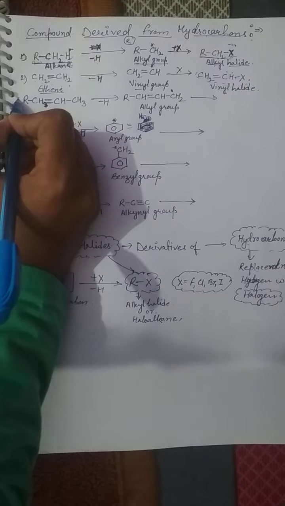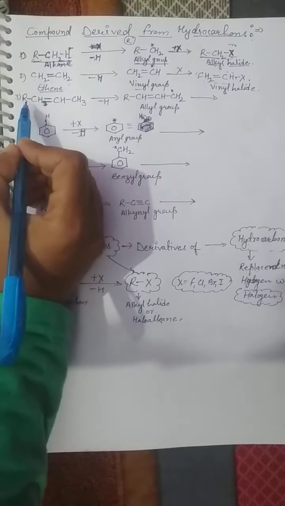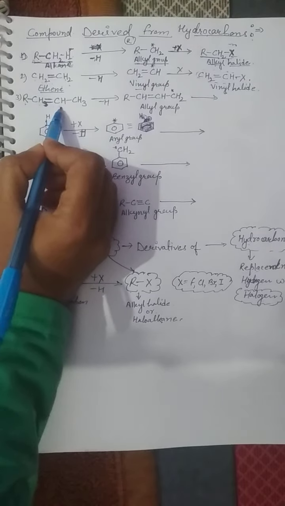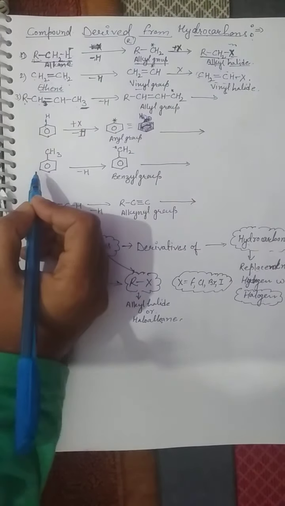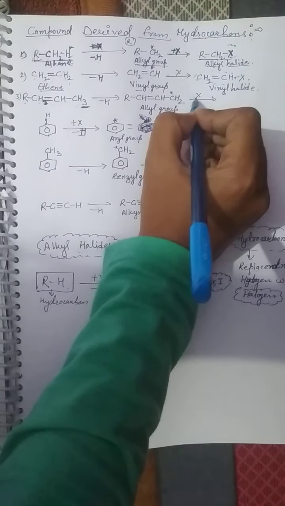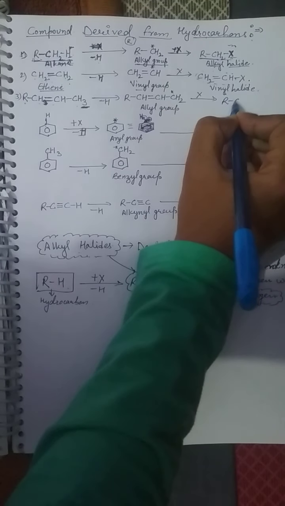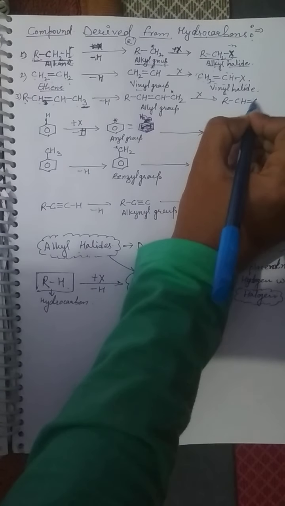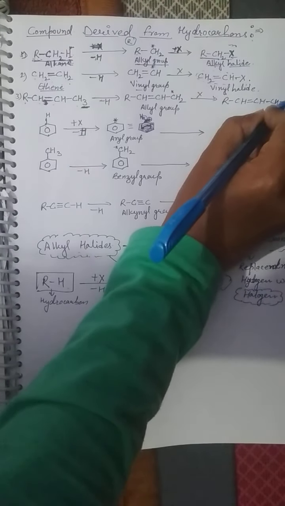Now move to the third example. In the third example, we have the formula RCH double bond CH3. If we replace the terminal hydrogen with the halogen, it leads to the formation of a compound like RCH double bond CH2X. In this case, this is the first carbon, this is the second carbon, and this is the third carbon.